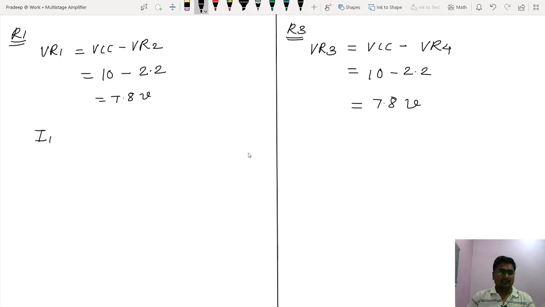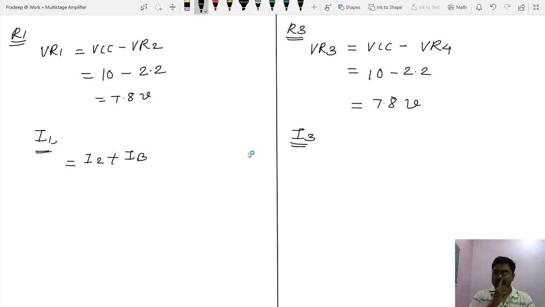The current that I need to calculate is I1, and here the current flowing through R3. Now I1, how can I calculate I1? I1 is the summation of I2, that is flowing through resistor R2, plus the base current.